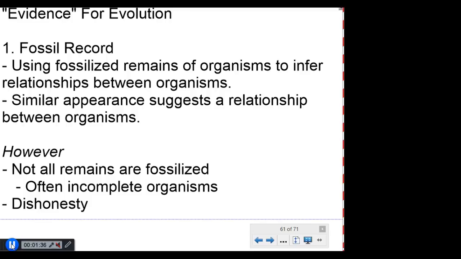Not all organisms leave fossils. For example, if you have something die out on the farm, you usually have a spot in the back of a field where you drag the stuff to, right? You have bone remains. But not all of those would be fossilized.